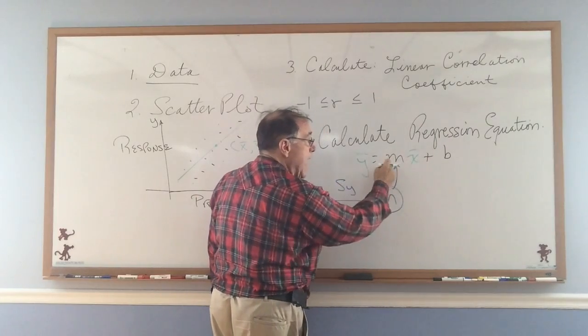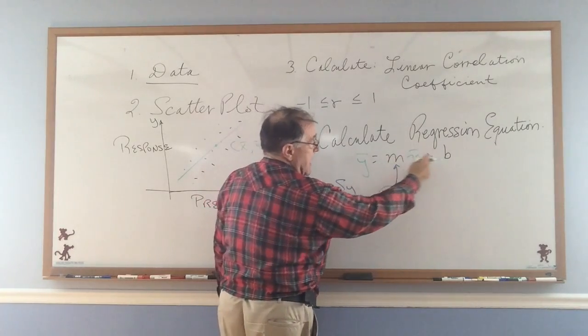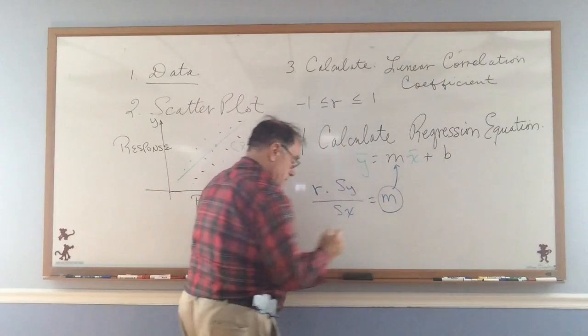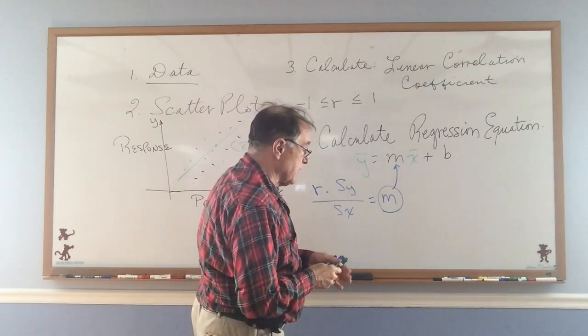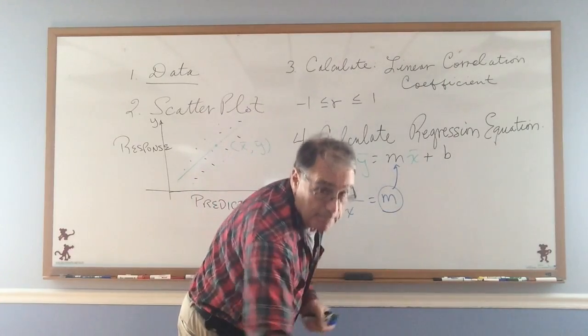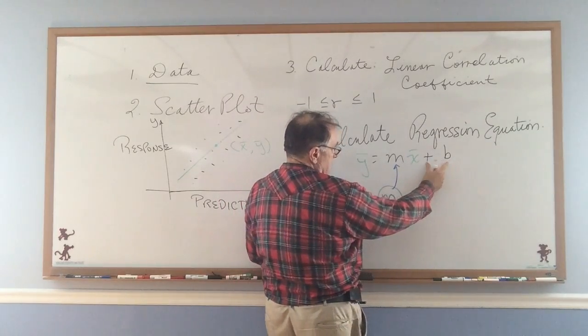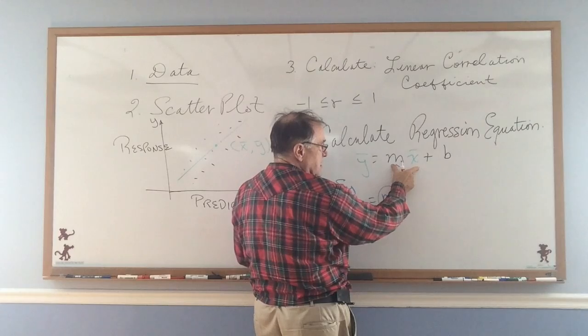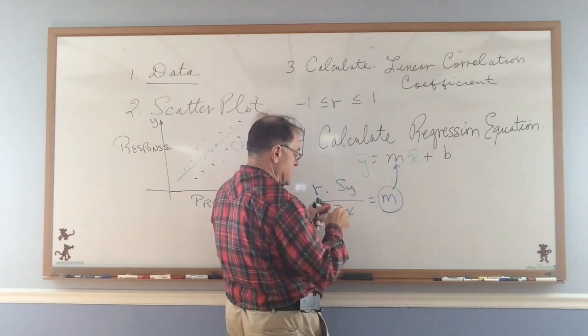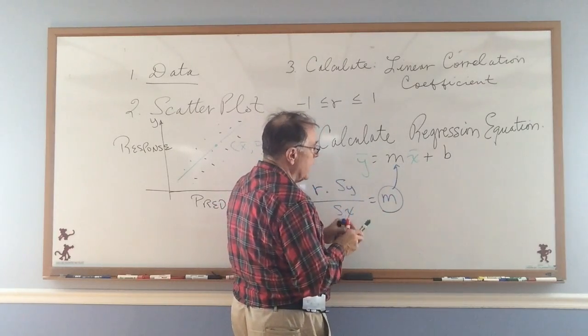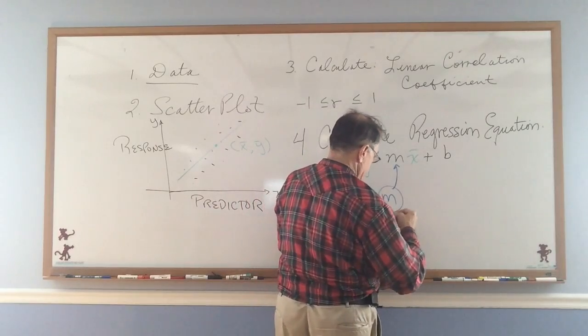Now I know m. I have to find b. So let's use a little algebra and make this happen. So I want b by itself. I'm going to subtract m x bar from both sides. So the equation will look like this.